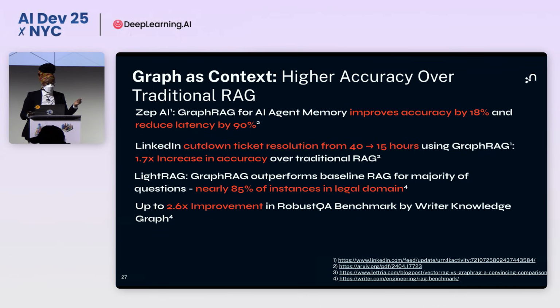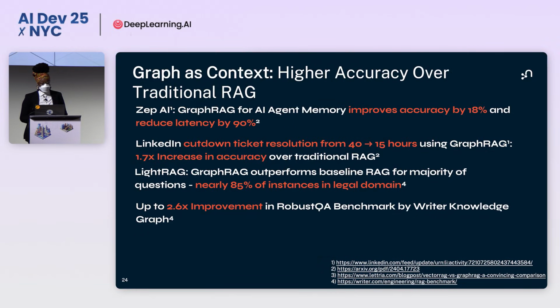For example, with ZEP-AI, graph RAG for AI agent memory improves accuracy by over 18% and reduces latency by 90%. LinkedIn, in a white paper we'll talk about, cut ticket resolution time from 40 to 15 hours using graph and graph RAG. These are just various examples of the impact that using graph as context has for building AI agents.